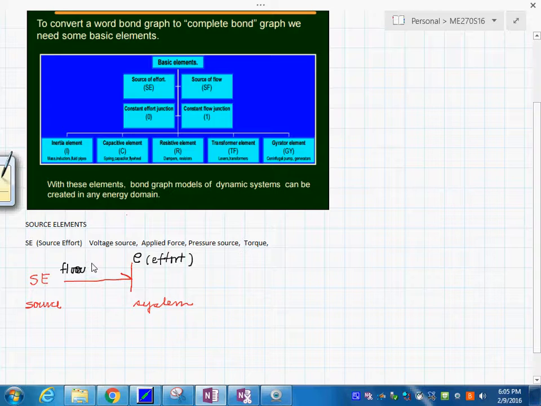If we represent this in a block diagram form, you will represent it like this as a source of effort, and then in here you have, if this pushes the variable E and this receives the variable flow. See? So you have in here your bond graph model on the left hand side.